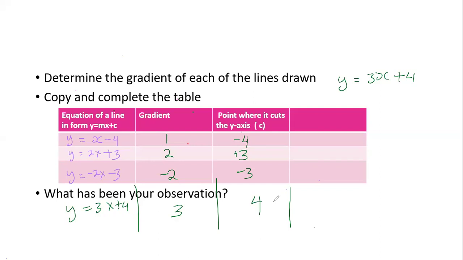Joshua, tell us something. My observation is that the gradient and the point where it cuts the y-axis, let us see, because on the first equation, y is equal to x minus 4, remember, there's always an invisible one near x.